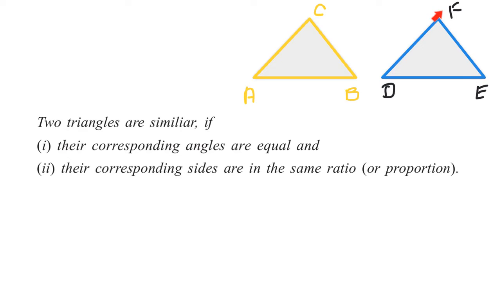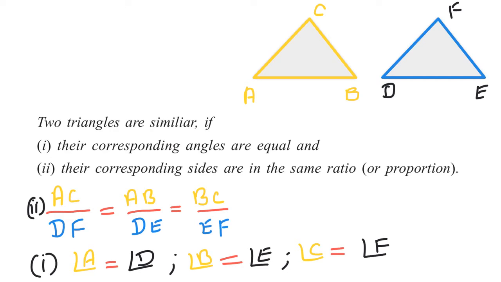That will be the ratio of the corresponding sides. So these are the two conditions. The ratio of the corresponding sides are in proportion and the corresponding angles are equal. So the two triangles are said to be similar if these two conditions are met.